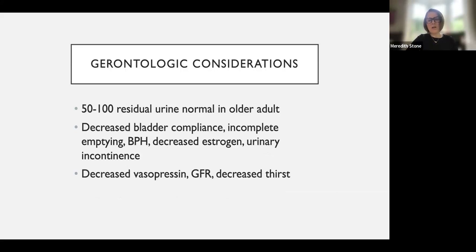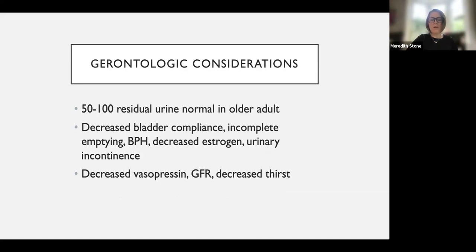It is not unusual in an older adult to have about 50 to 100 mLs of urine left over in the bladder after you've voided, okay? But some things, like decreased bladder compliance and incomplete emptying, and benign prostatic hyperplasia, which you learned about last semester, cause urinary retention issues.